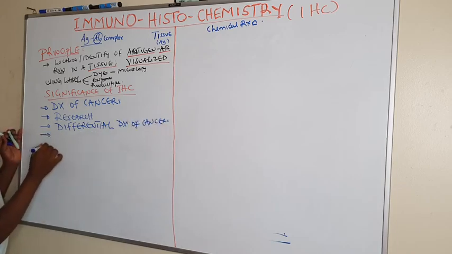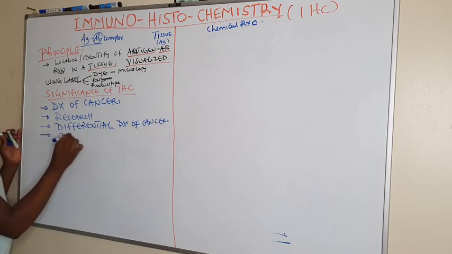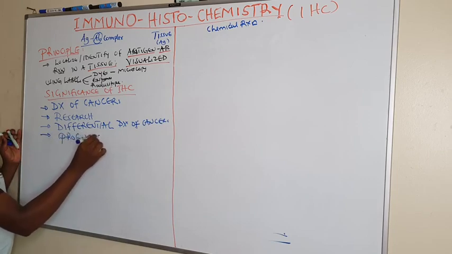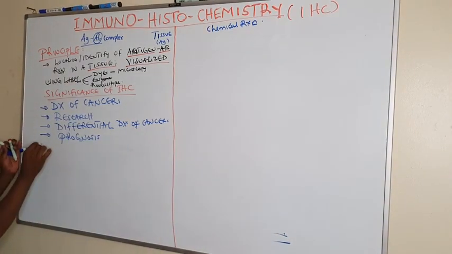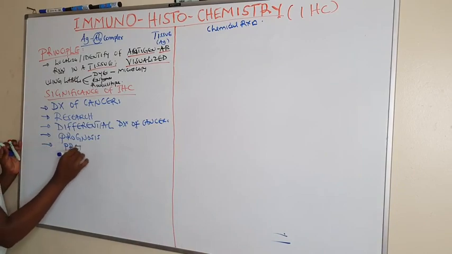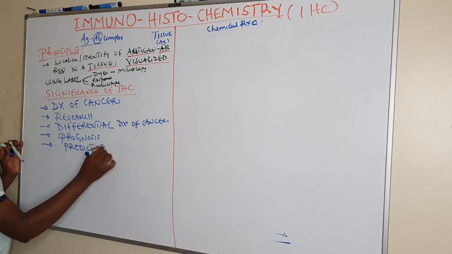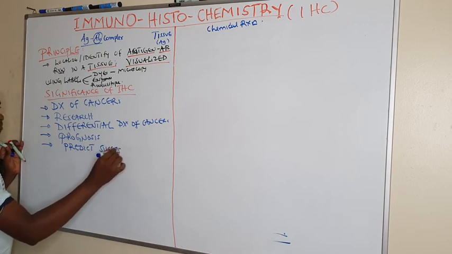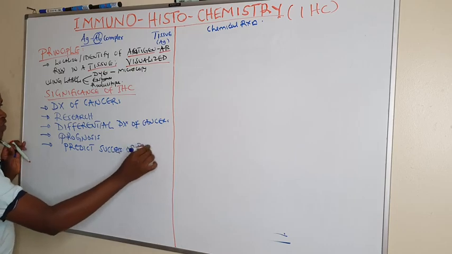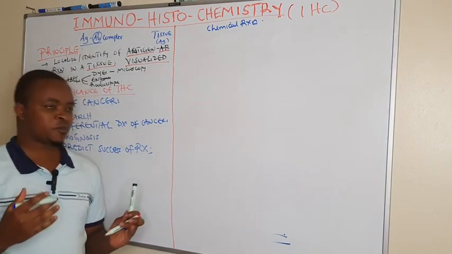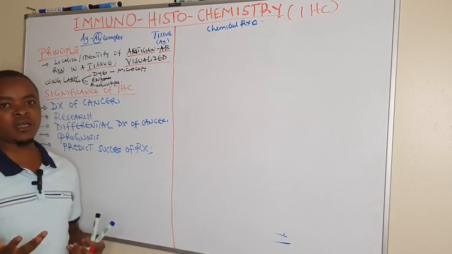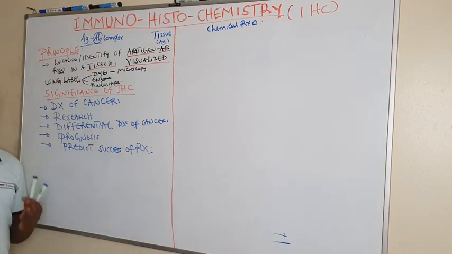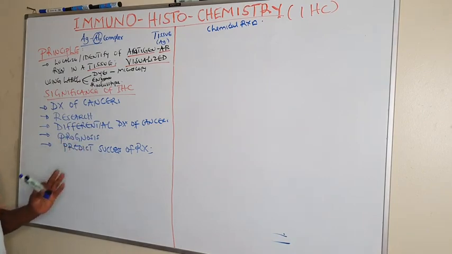We can also use it for prognosis, that is determining the progression in people who are on treatment to see if the drugs are working. Then we can also use it to predict success of treatment. So immunohistochemistry can be done to see whether, if someone is given a certain anti-cancer drug or anti-tumor drug, there is a possibility of the person responding, by using cancer markers.